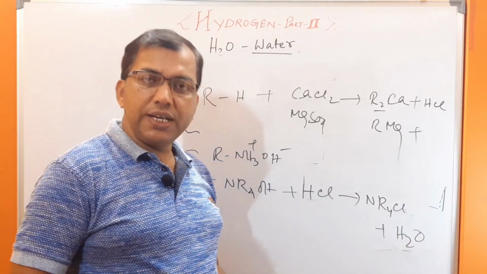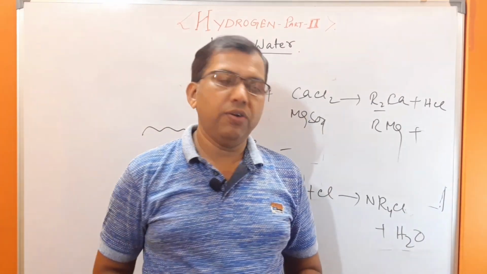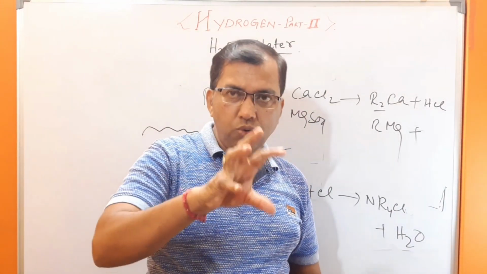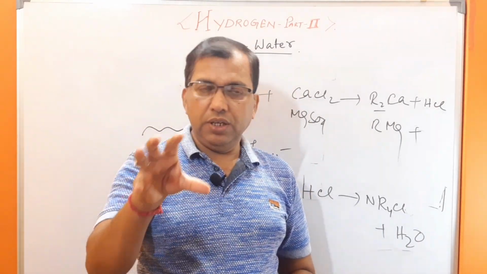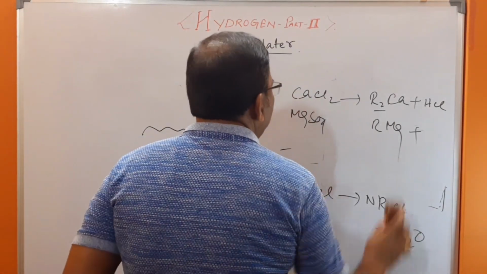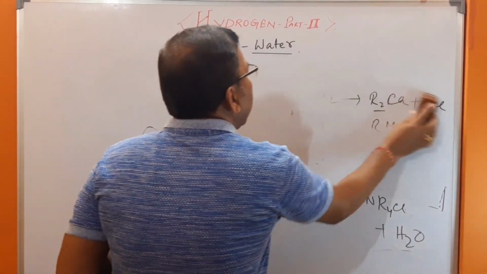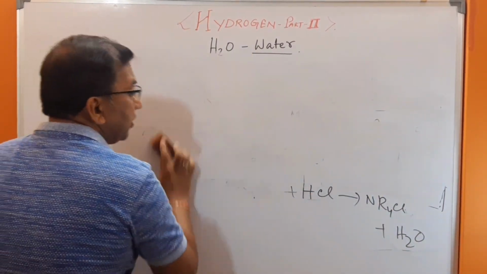Clear? Besides all these things, there is the Calgon process. What is Calgon? Sodium hexametaphosphate, Na2[Na4(PO3)6]. This is the last, also the Calgon process. Calgon means calcium gun.